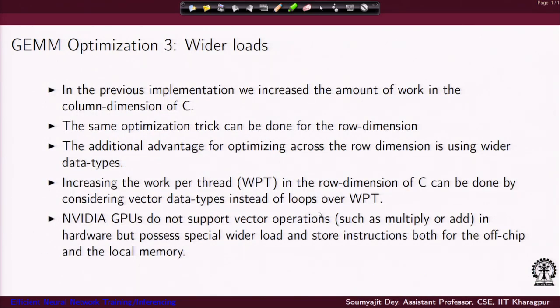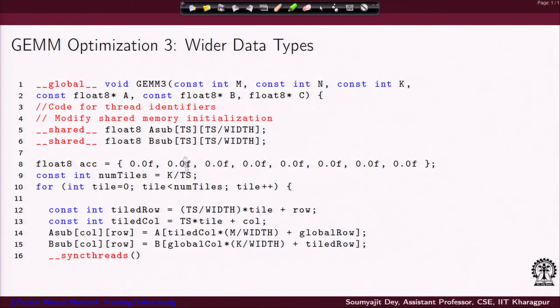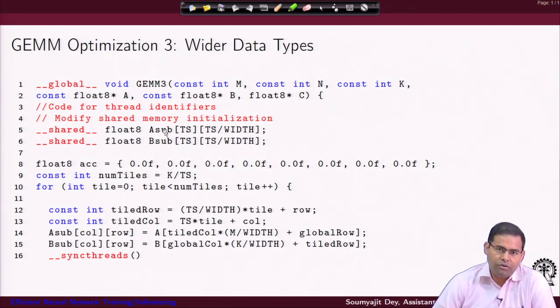And then we exploited the wider load engines that are available in NVIDIA GPUs, because they do not support vector operations like vectorized multiply and add, but they actually provide you with wider load and store instructions. So, we made good use of this float8 kind of data types for using the wider load instructions for filling in the tiles.